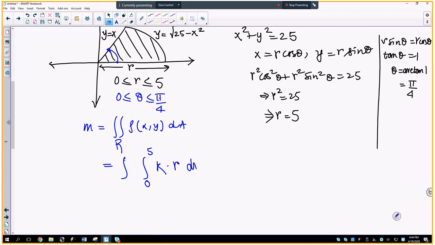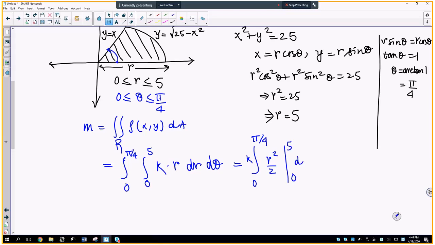You're doing integration with respect to r first. Limits of theta are 0 to pi over 4, and see how simple this antiderivative is. I take the constant k outside, and the antiderivative of r is r squared over 2. Then I put in the limits for r, which are 0 to 5.